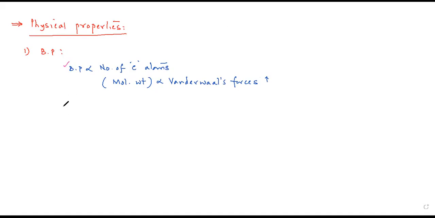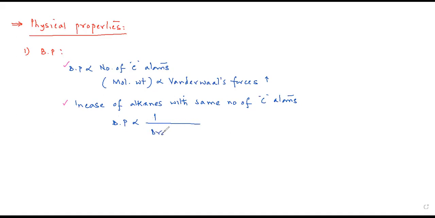Now suppose the number of carbon atoms is same, I mean in case of alkanes with the same number of carbon atoms, in such a case, as the branching increases, boiling point decreases.